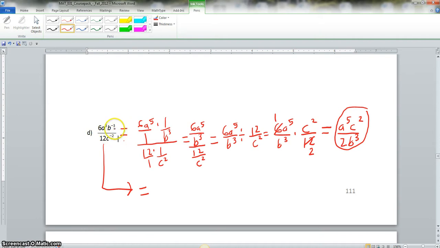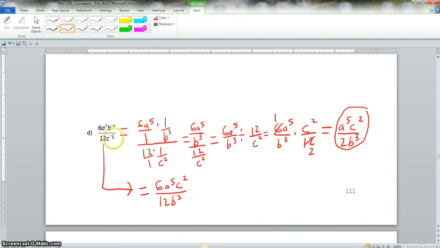Now what happens is this here. Whenever you have a negative exponent in your numerator, it will go directly to your denominator. And whenever you have a negative exponent in your denominator, it will go directly to your numerator. So this will become 6a to the 5th, c to the 2nd, all over 12b to the 3rd. Just like I told you, this exponent was negative, it goes to your denominator and becomes positive.